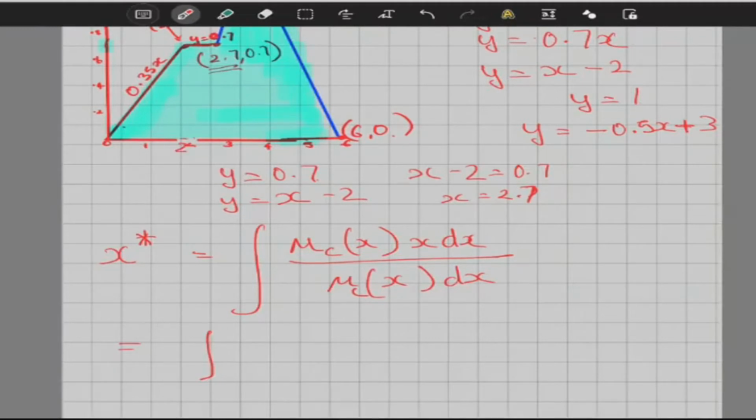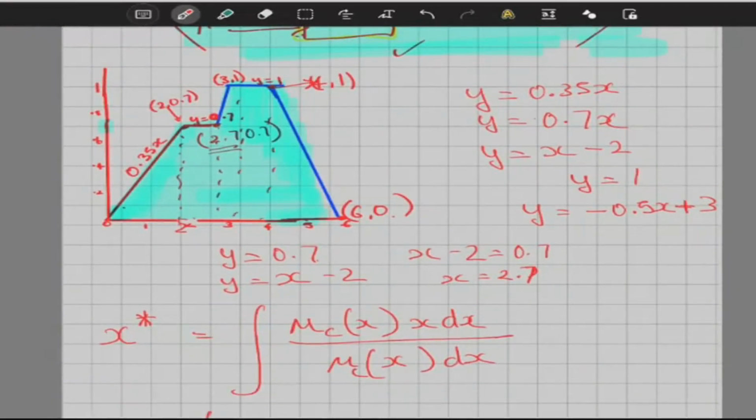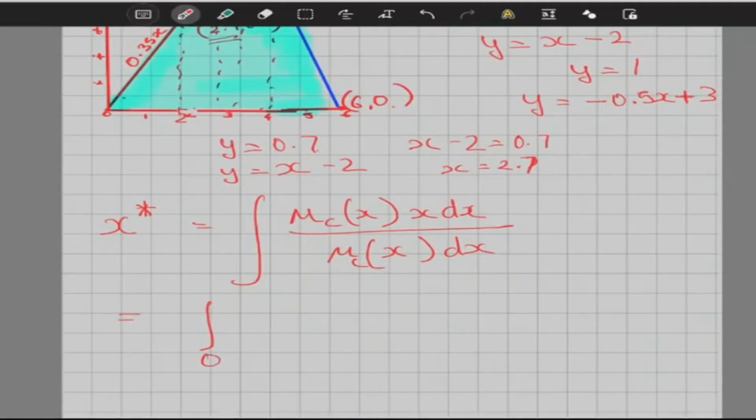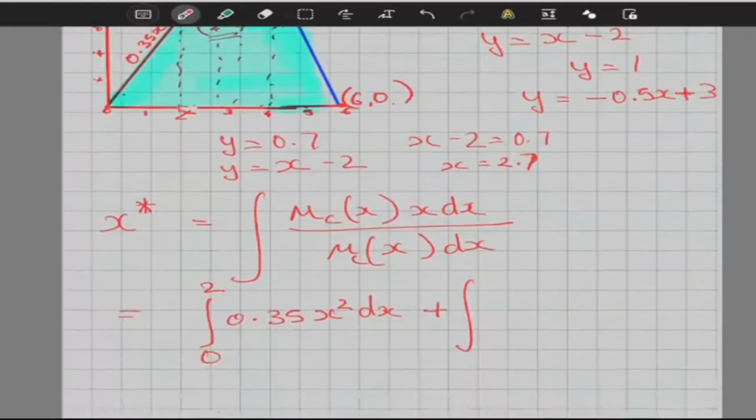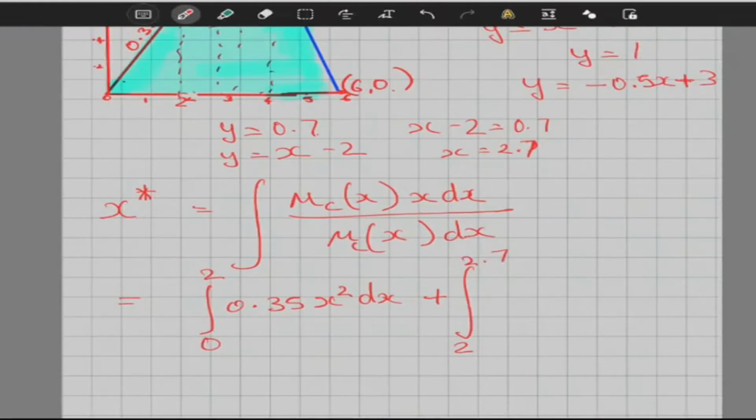It is between 0 to 2, and I integrate 0.35x. So x times x is x squared together and I get. And then my next area is 2 to 2.7, this point over here.